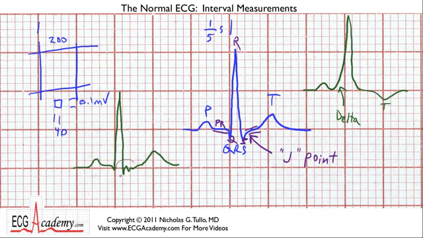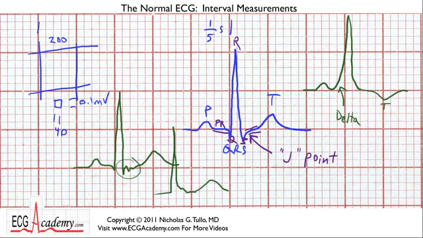It's found at the tail end of the QRS complex. Sometimes it's high frequency like this, and sometimes it's just widening at the tail end of the QRS. These are seen in certain cardiac illnesses and conditions, and we'll talk about that also in the advanced course.